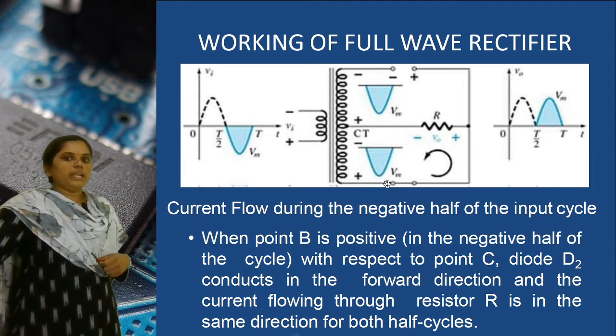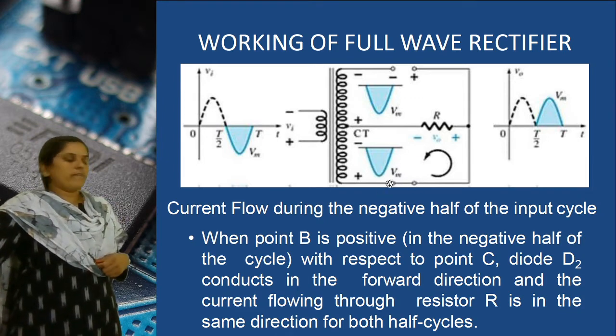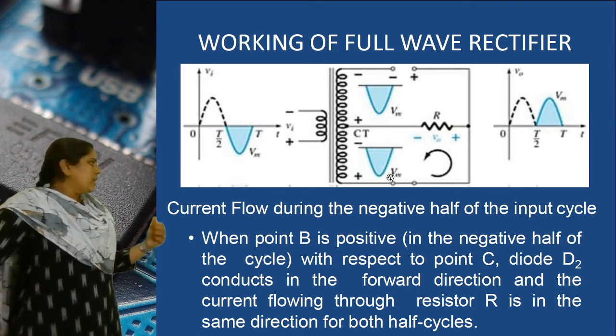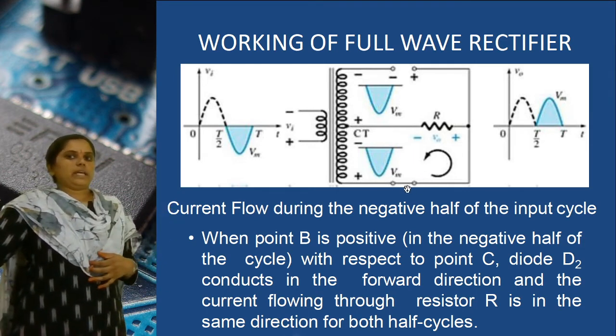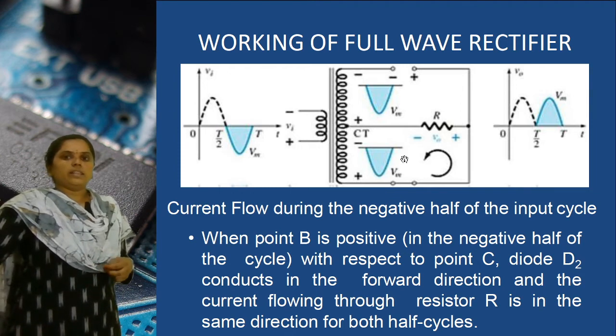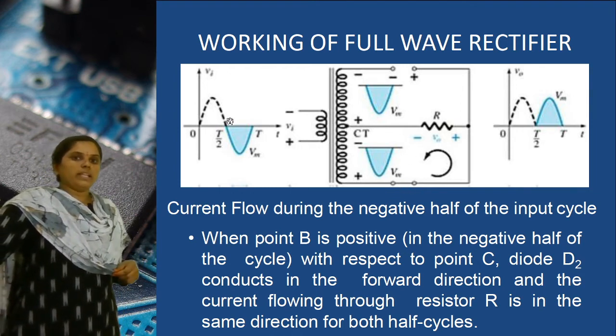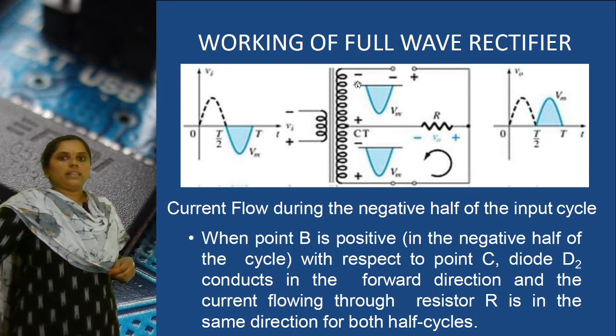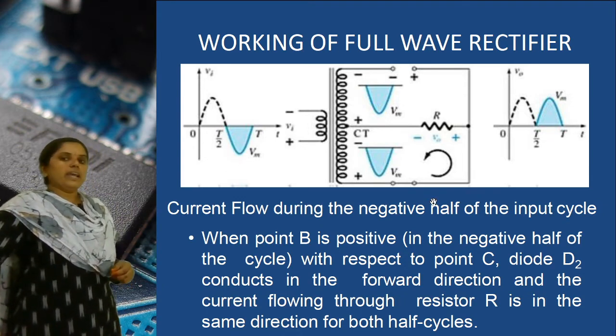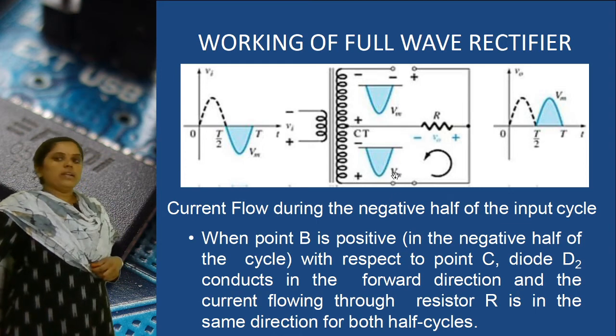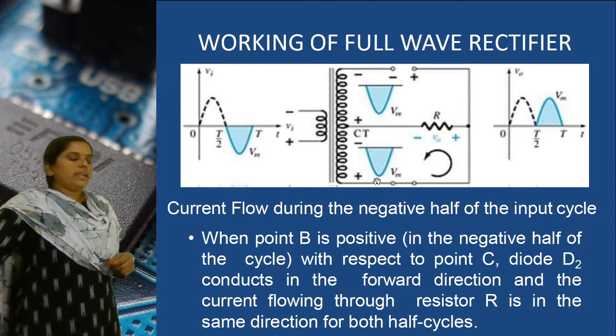Only diode D2 conducts, so it acts as forward biasing here. In forward biasing, the diode acts as a short circuit. Then the current flows through diode D2 only. So when we are applying the negative cycle, diode D1 does not conduct, only diode D2 conducts, and the total current flows through diode D2.